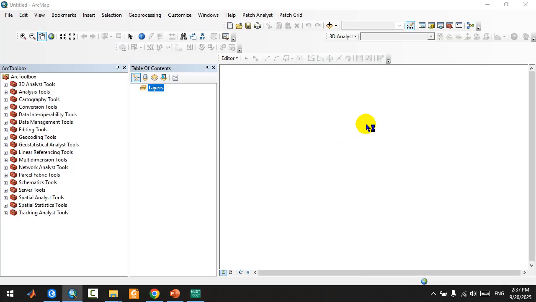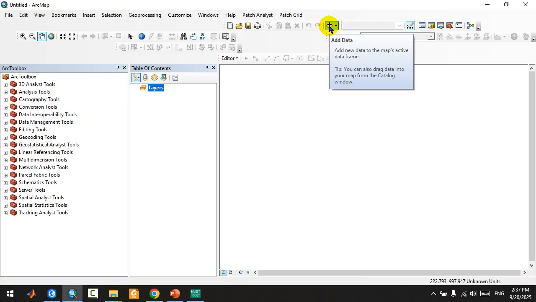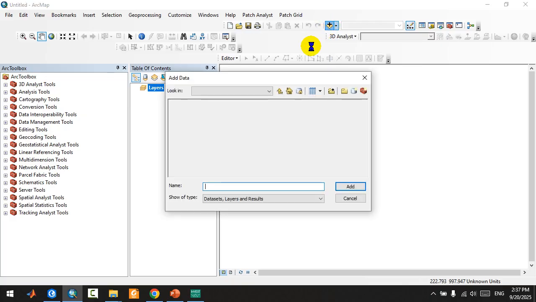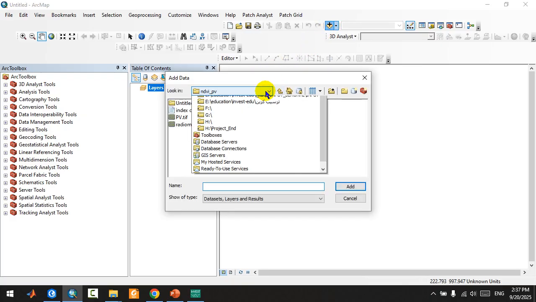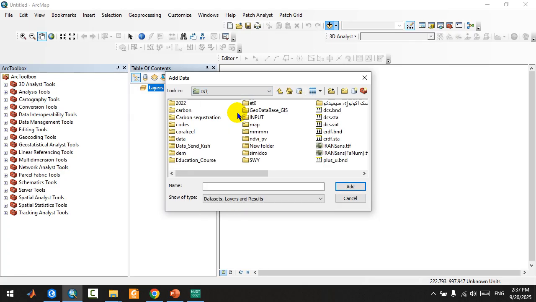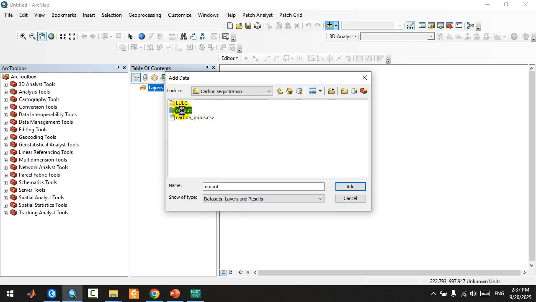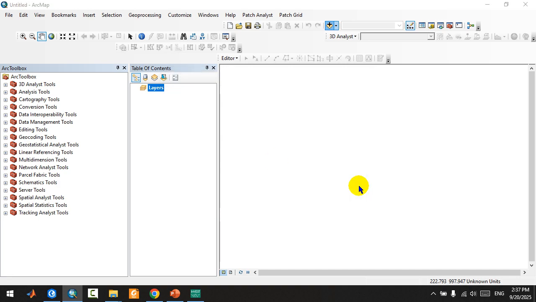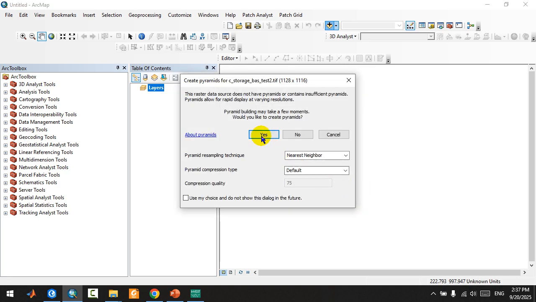For ArcGIS Desktop, okay, add data, in drive D, carbon sequestration output, and all carbon storage in the baseline 2001 year.